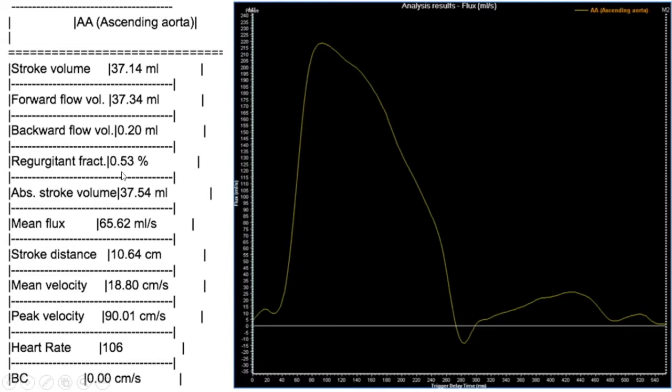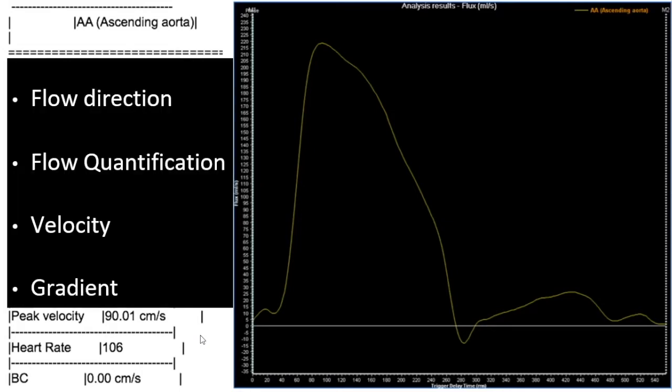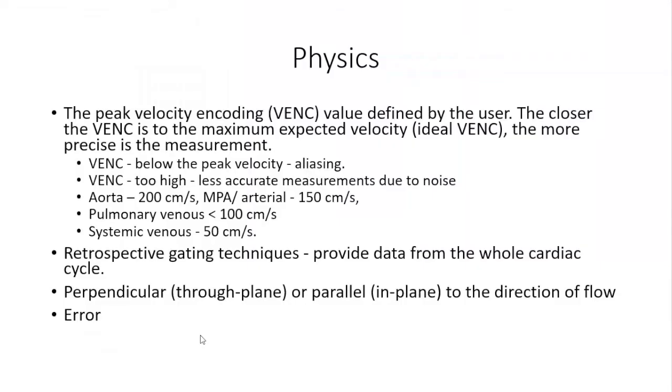The regurgitation fraction is calculated as 0.5% and it gives the peak velocity. The peak velocity can then be used to calculate the gradient using the modified Bernoulli's equation of 4 times the square of the velocity. A phase contrast sequence gives us information about the flow direction, quantification, velocity, as well as gradient.